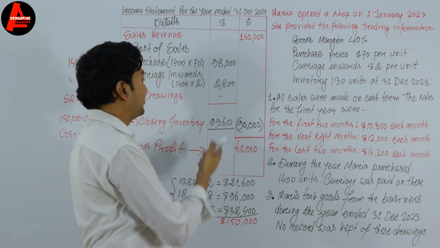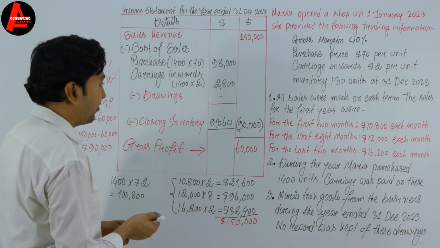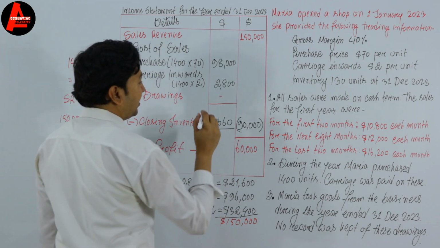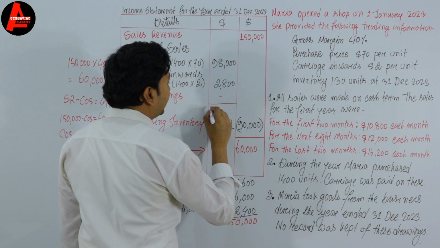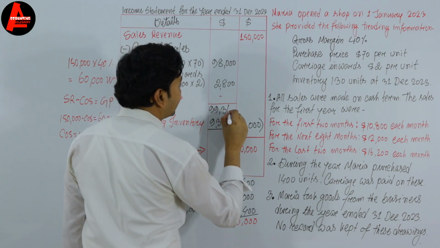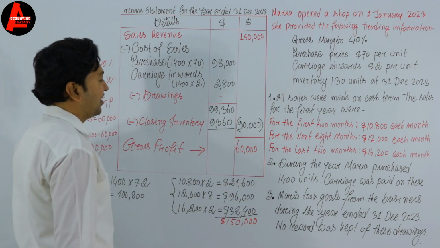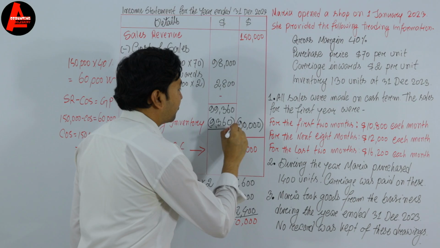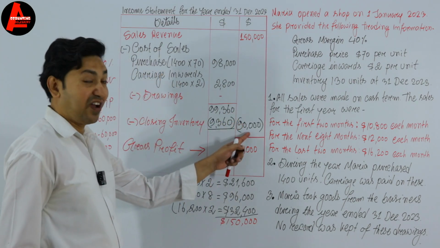Yeah, so let us add this two amounts. So here $90,000 plus 9,360 equal to $99,360. Okay, so this amount if we subtract from here we get $90,000.